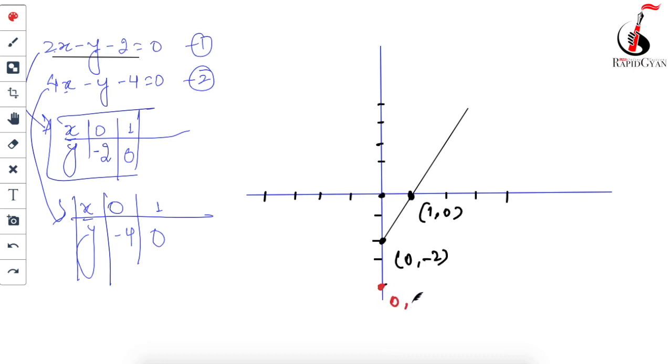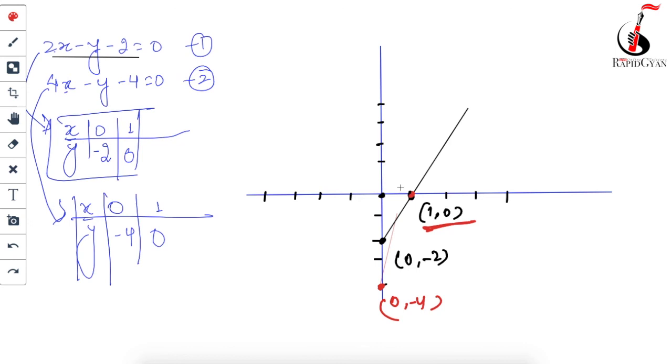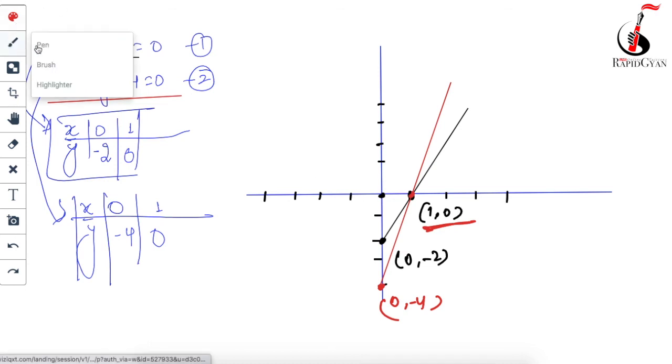I will write here 0 comma minus 4. And the next one again 1 comma 0, so this point will remain the same. And you will have to draw the line. So this third one is 4x minus y minus 4 is equal to 0. So what is the point of intersection? The point of intersection is your 1 comma 0. So that's your answer.